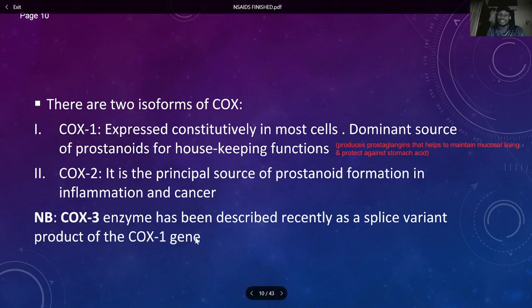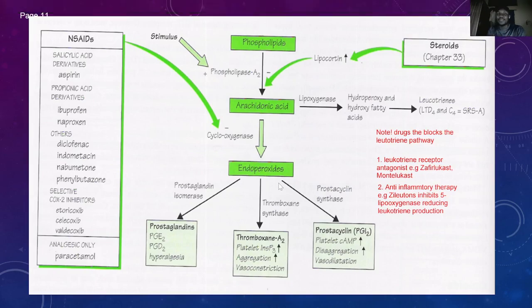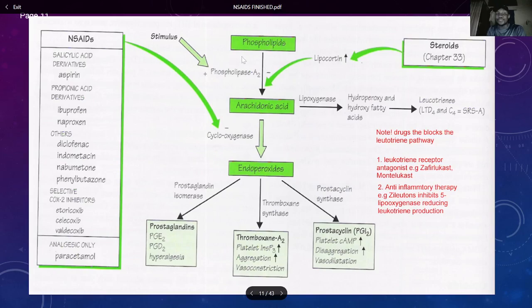On the other hand, COX-3 has been described recently as a splice variant product of the COX-1 gene, right? So now this is the cyclooxygenase pathway. Phospholipids from the phospholipid bilayer of the cell membrane, when acted upon by phospholipase A2, produce arachidonic acid.